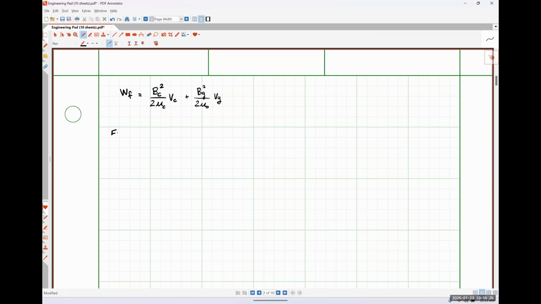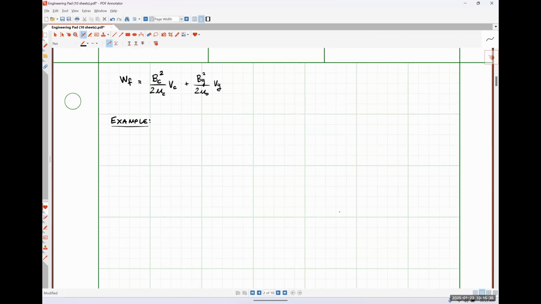And I told you guys that I wanted to kick things off with an example problem. So let's do that here. Okay. So I'm going to redraw our relay circuit, essentially. Let's put my core over here.